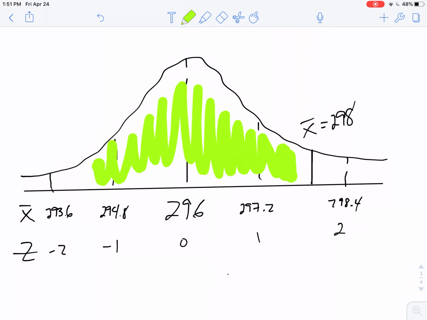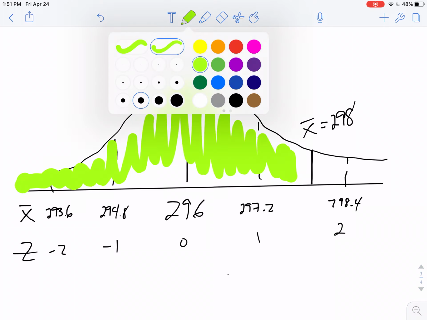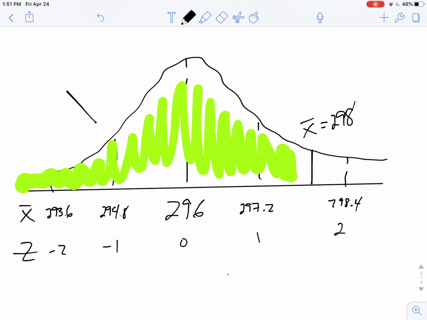For this green region here, this is where I reject the null. So I'm going to reject the null in that green region for any x bar value less than 298.